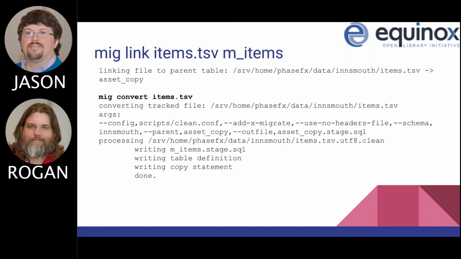And when it creates the SQL file for staging, it knows to load the columns from items.tsv into those l_ columns in m_items. So it just takes care of all that for you. Super easy. And you can see the MIG convert command there, where you follow up from MIG link and actually create that SQL file.